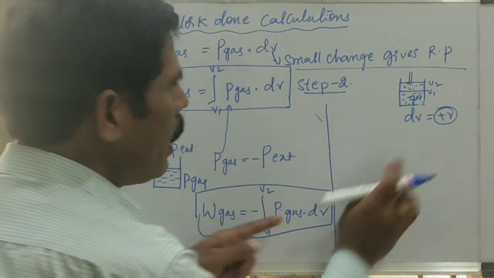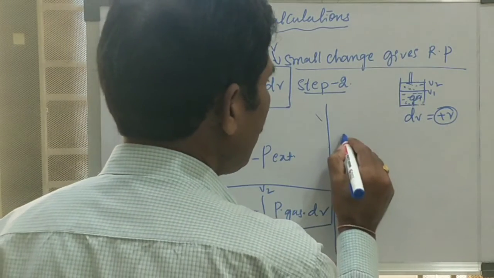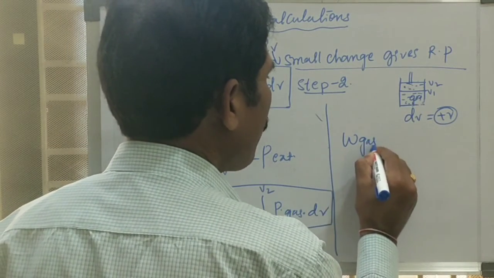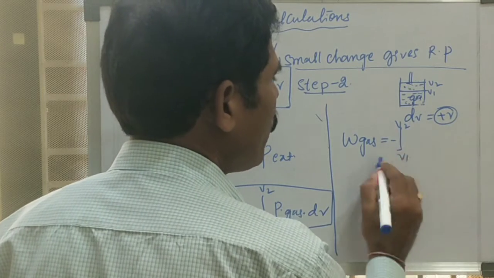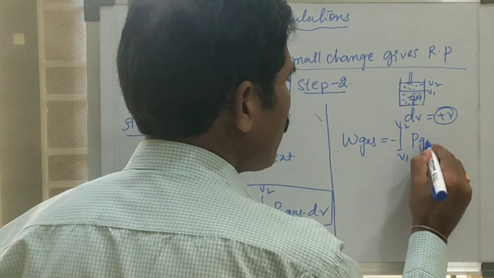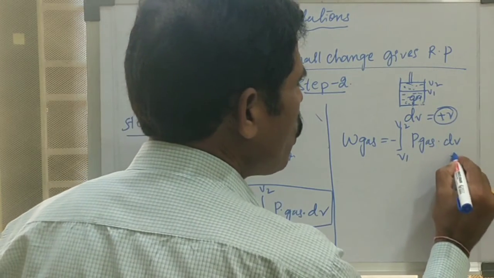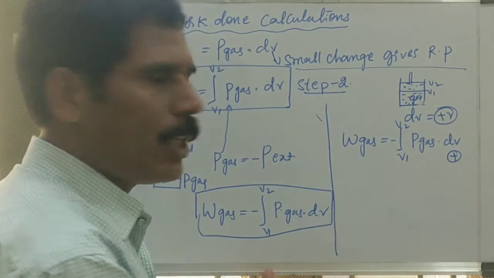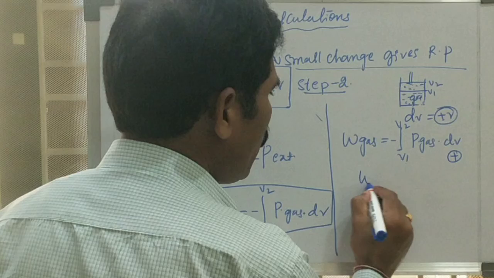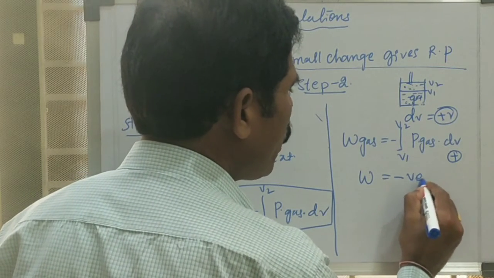Based on this, I am going to write the formula. If dV is positive, then W gas is minus the integration from V1 to V2 of pressure into dV, with dV positive, multiplied by the negative sign. So W is totally negative.